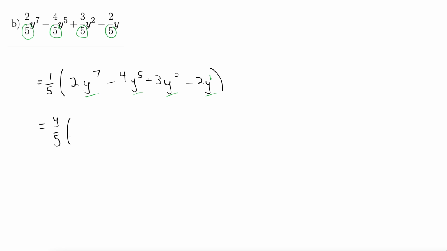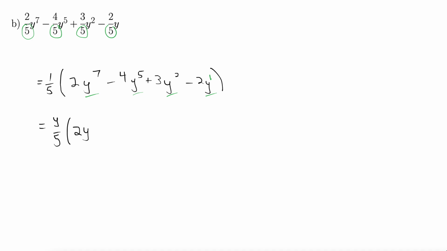When we factor out a y, really we're subtracting exponents, because factoring out is dividing, and when you divide exponents you subtract. So that's going to be 2 times y to the 7 minus 1, since we factored out a y to the 1. There's a little hidden 1 hanging out there.